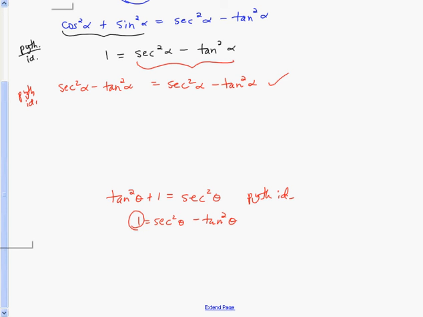Let's look at one more. Number 47, we have 1 minus cosine of x divided by 1 plus cosine of x, and all of that equal to cotangent of x minus cosecant of x all squared.